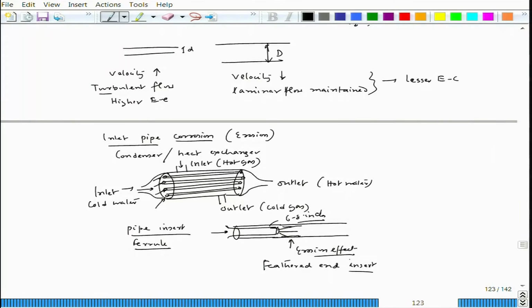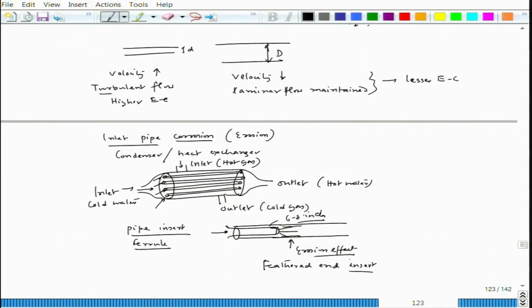Now, 6 inch or 8 inch ferrule removal would be much easier, but the main heat exchanger pipe would be close to 20 to 30 to 40 feet in length. Okay. In that case, if we find some erosion corrosion problem at the inlet of the main pipe, the entire piping should be removed and that will be a very costly affair and it will stop the plant operation.